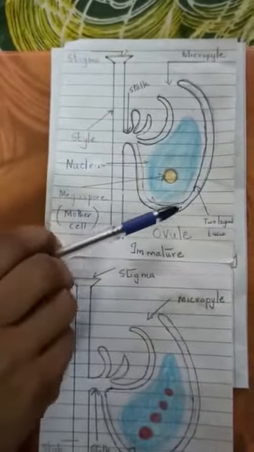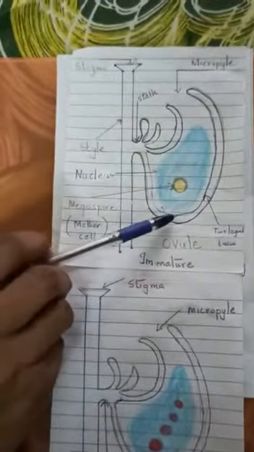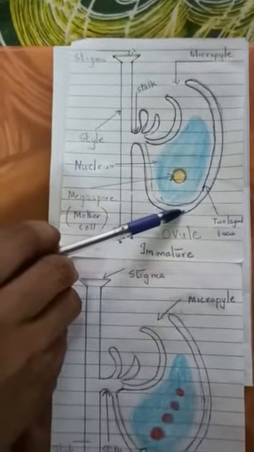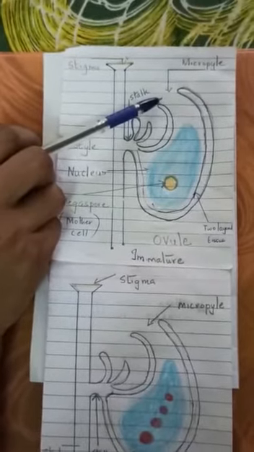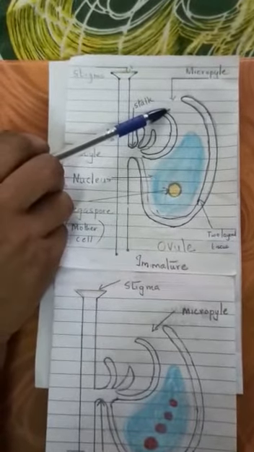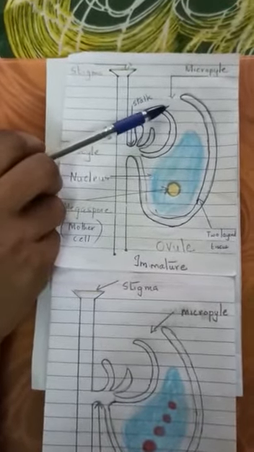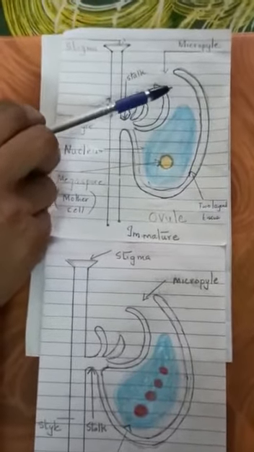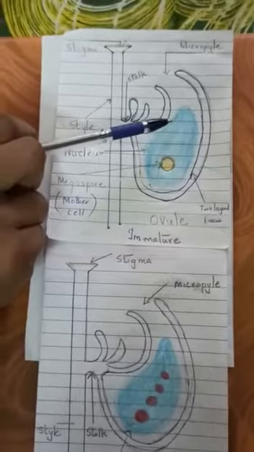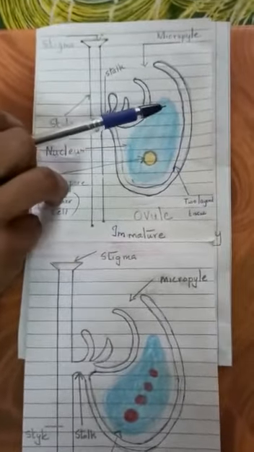It is made up of a two-layered tissue. Over here is an opening which is known as a micropyle, and the pollen tube will enter the ovule through the micropyle and release the male gametes.